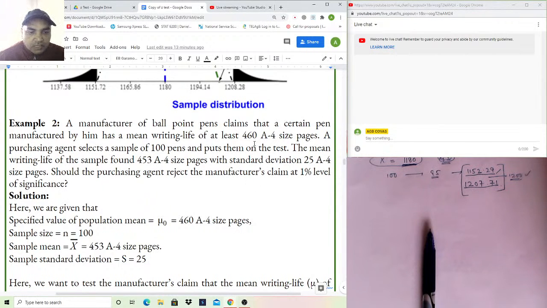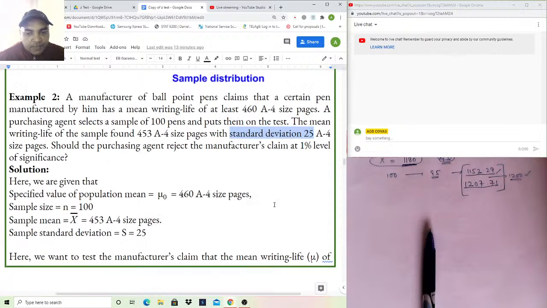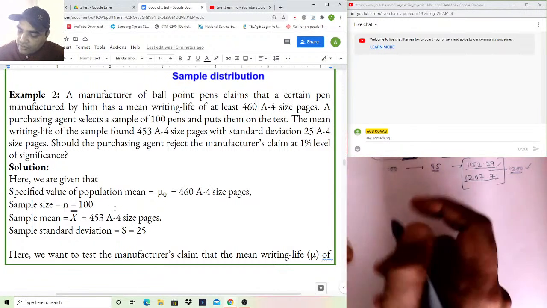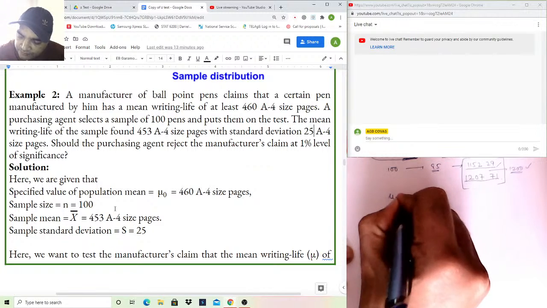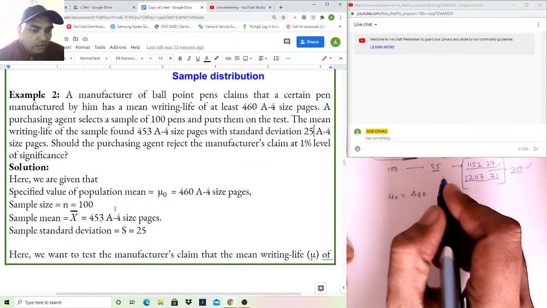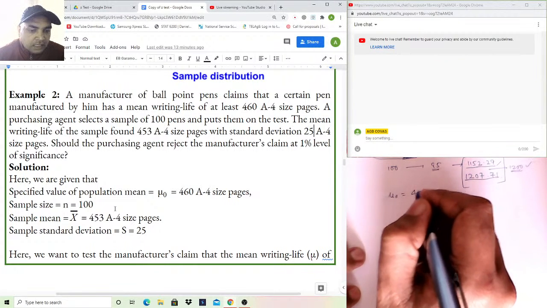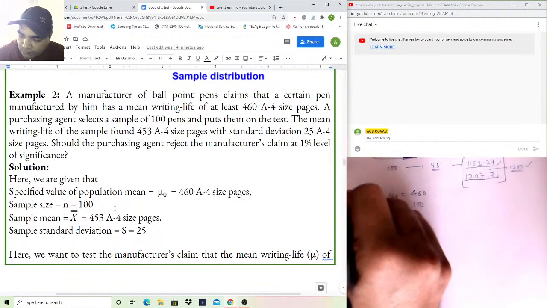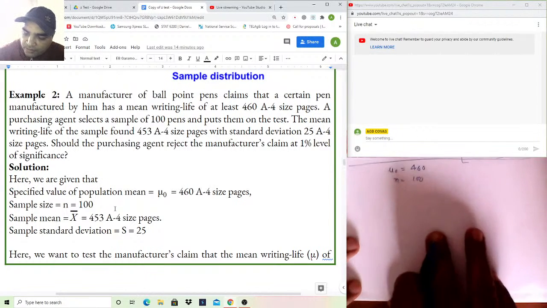But here you should understand one thing, that we do not have the population standard deviation. Instead, the standard deviation of the sample is given. So what are the values which are given? First, the population mean is given, which is 460. The sample size is 100. This is your example number 2.